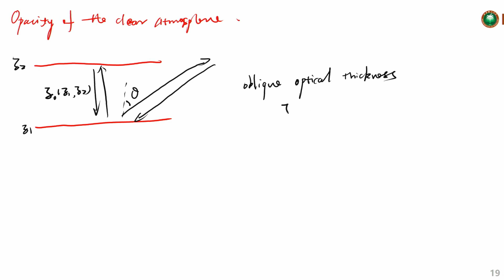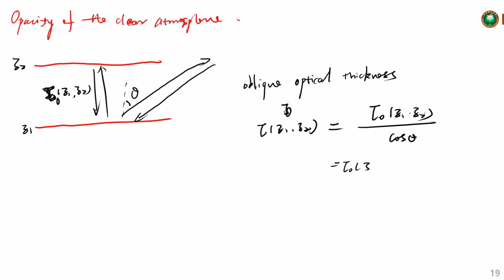This is not theta, this is tau. So tau of theta 1, theta 2 at angle theta equals tau node, theta 1, theta 2, divided by cosine theta.